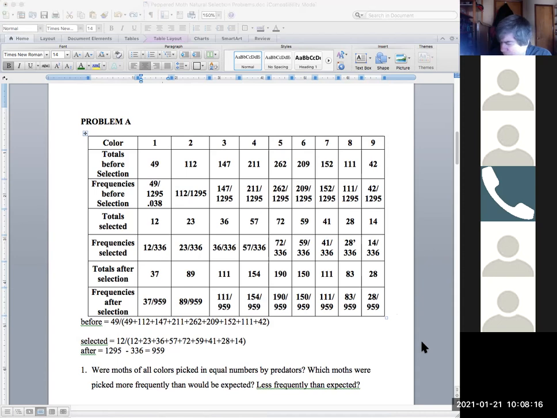So let's look at 12 divided by 336. Let's look at the number ones that were selected.